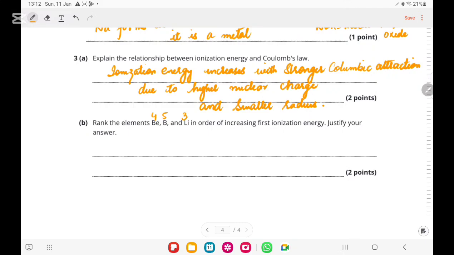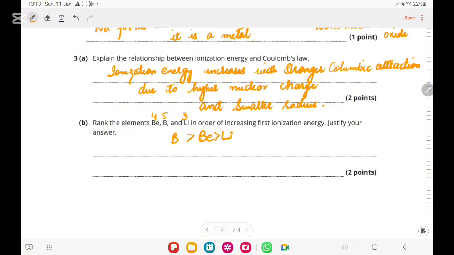The one with greater nuclear charge is going to have greater ionization energy, and the nuclear charge increases from lithium to beryllium to boron.